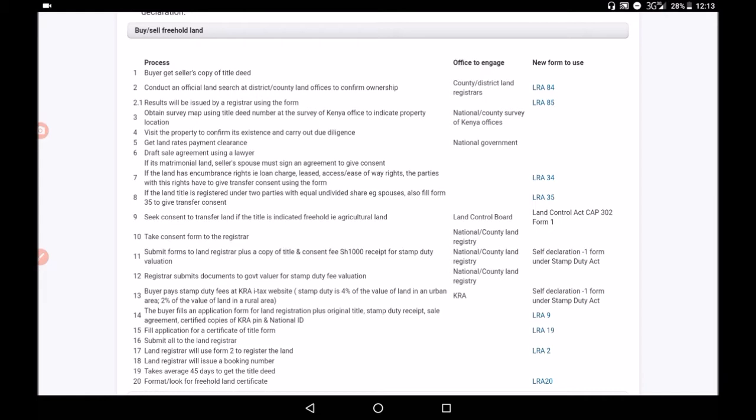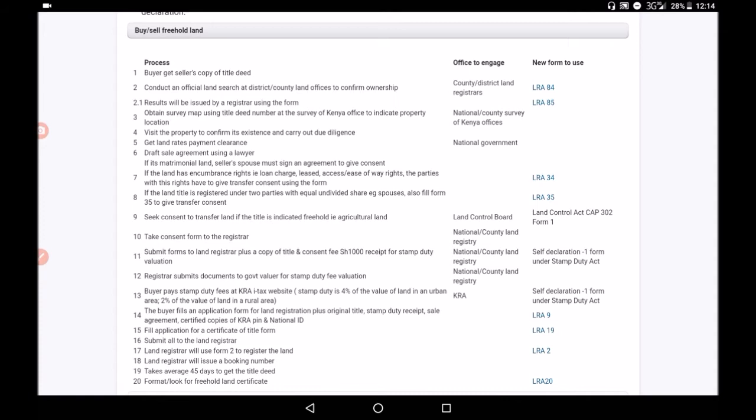Then you conduct an official land search at the district or county land offices to confirm whether this person is truly the owner of the land. The results after the search will be issued by the registrar using forms: the form for the land search is LRA 84, and the results you get from the form LRA 85.